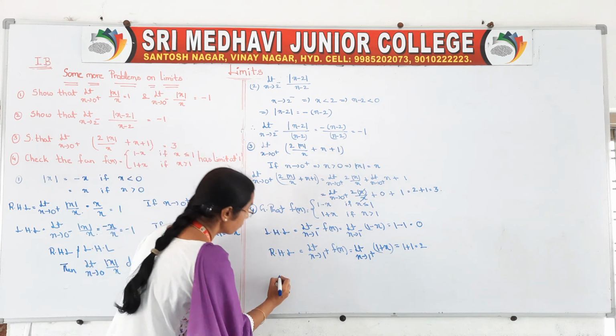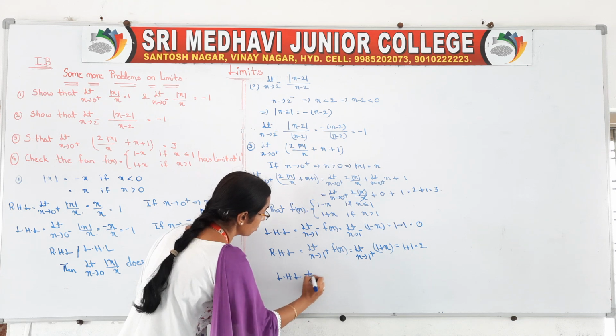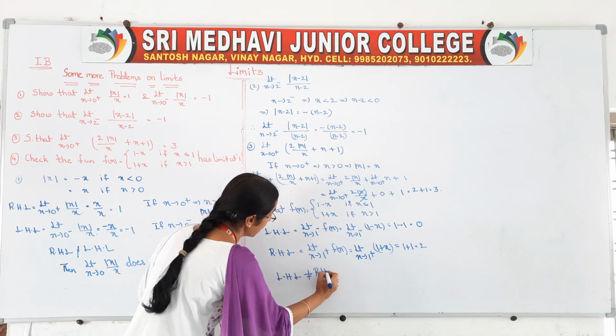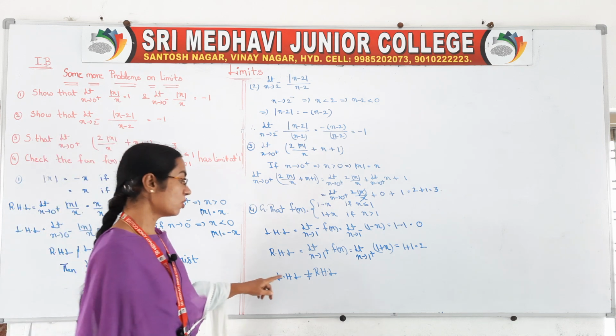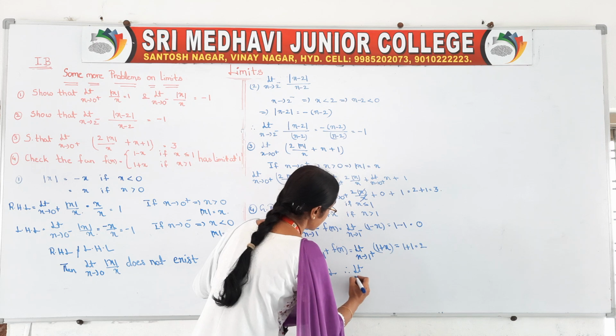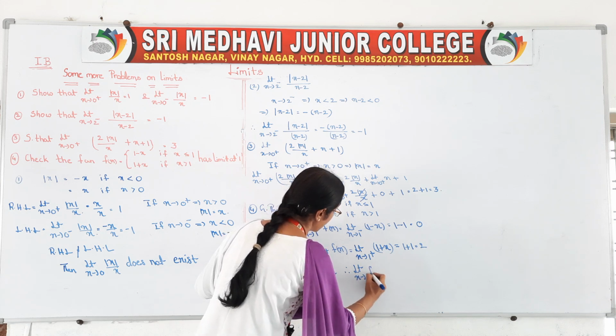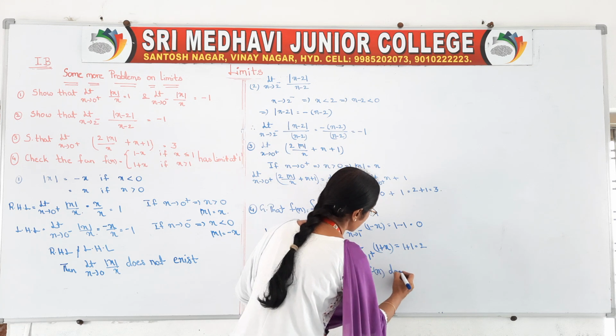So your left hand limit is not equal to right hand limit. Therefore, limit x tends to 1, f of x does not exist.